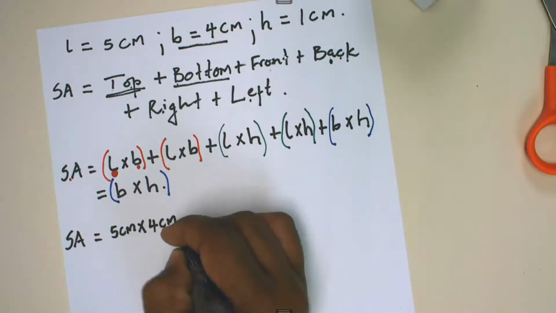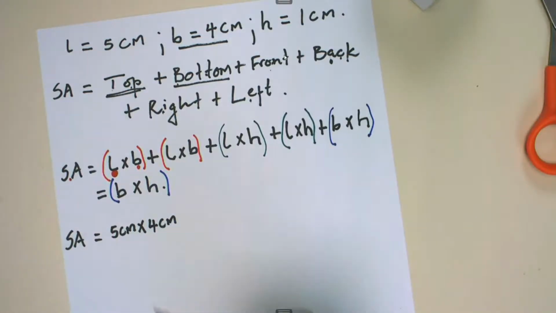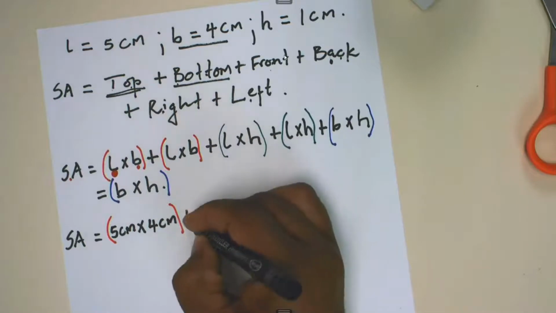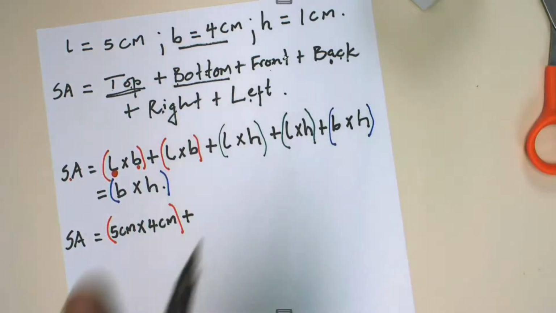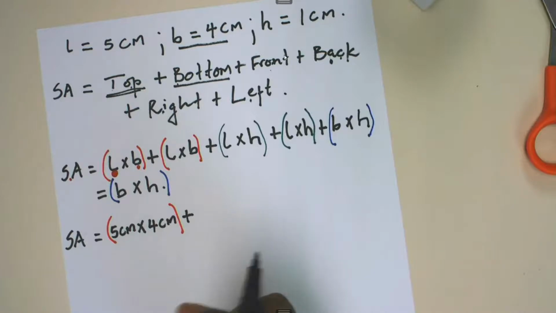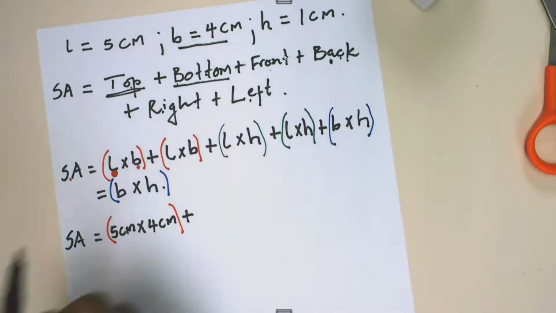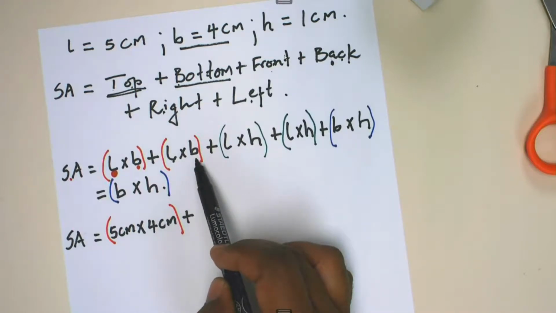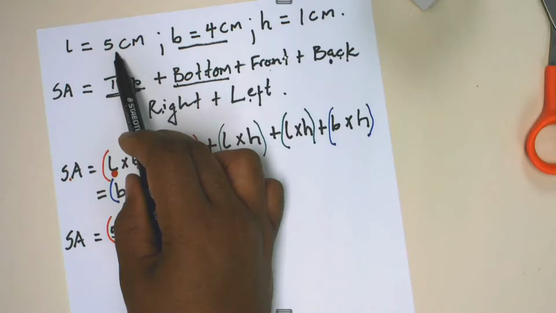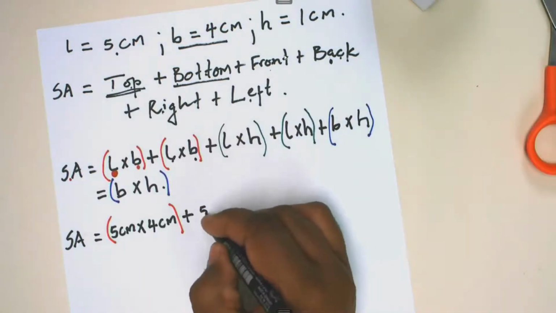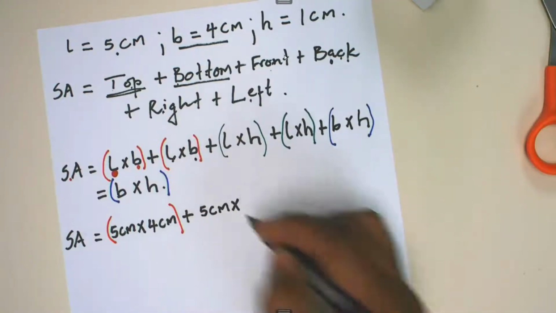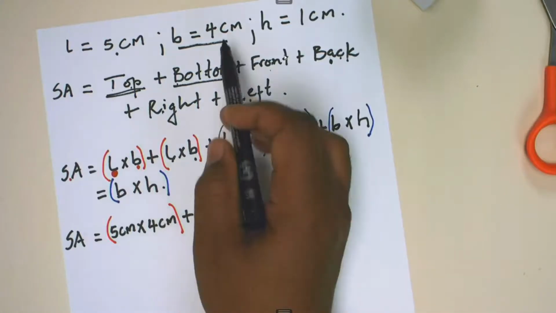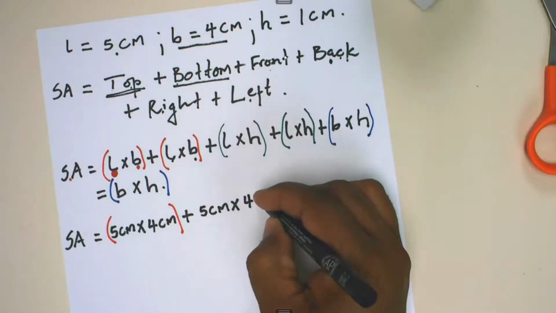And therefore, we know that this is the top part, which is exactly the same as its opposite face, the bottom part. The bottom part as well, we have the length multiplying by the breadth. What is the length of that rectangular prism given? It is 5 centimeters multiplied by the breadth, which is 4 centimeters.